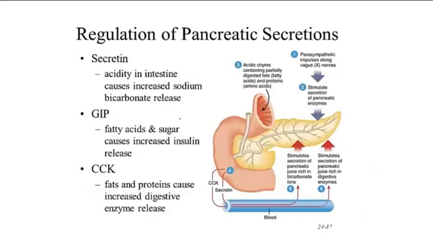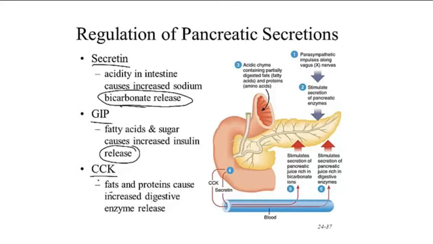The regulation of pancreatic secretions is done by different hormones like secretin, GIP and CCK. Secretin: acidity in the intestine causes increased sodium bicarbonate release to neutralize the environment. Fatty acids and sugar cause increased insulin release, and fats and proteins cause the release of CCK.